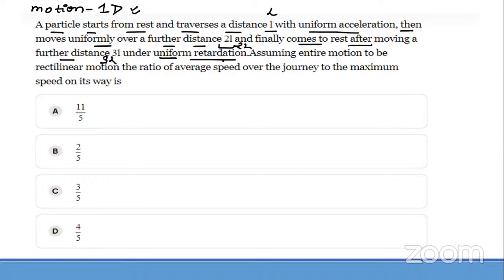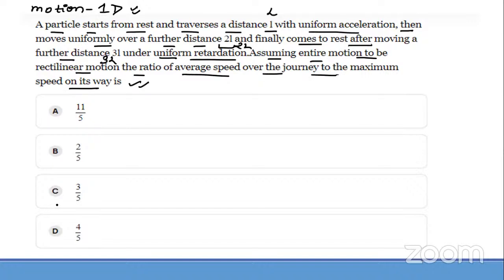Assuming the entire motion to be rectilinear, the ratio of the average speed over the journey to the maximum speed on its way is what? Options are A, B, C, D.